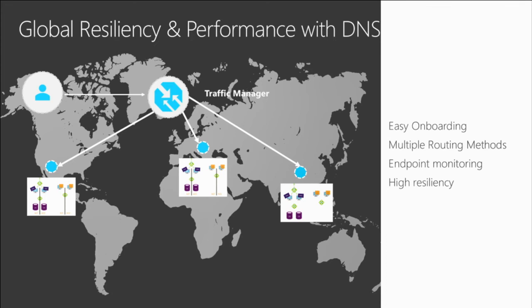And then you can configure how often Traffic Manager should check for the health, and what kind of probes Traffic Manager should send to check their health. We'll send HTTP probes, or we will try to make a TCP connection attempt. And based on that, we will know if the endpoint is healthy or not.